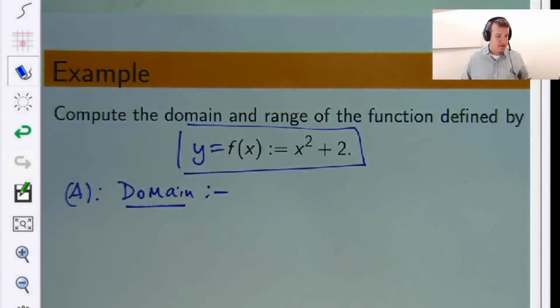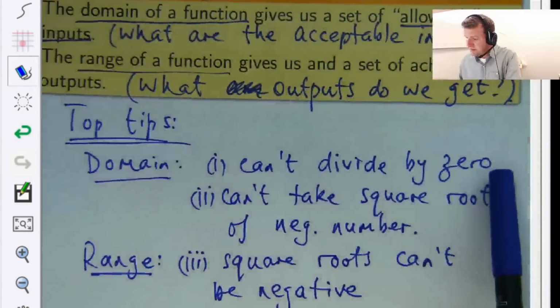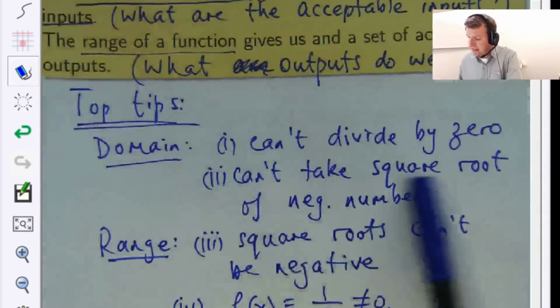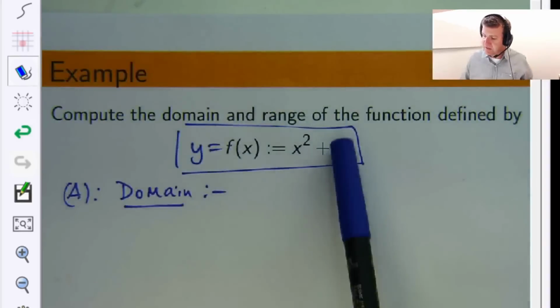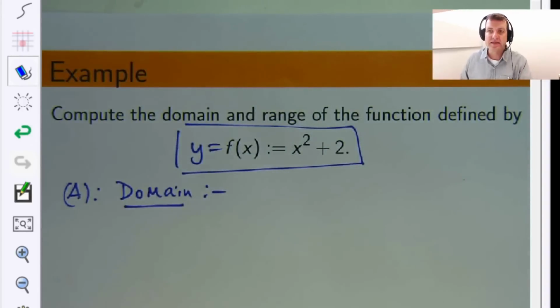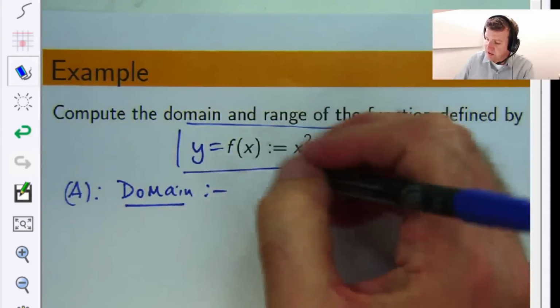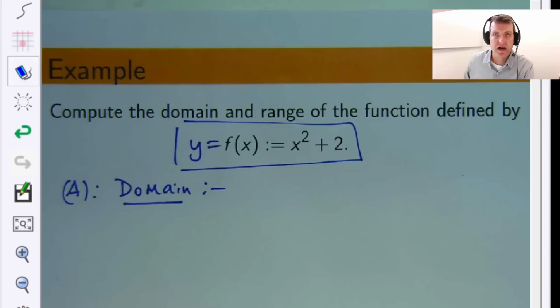All right, so first of our top tips, can't divide by 0. Is there any division going on here? No. Can't take the square root of a negative number. Any square roots? No. So essentially, I can put any real number into this function, any real value of x, and nothing will break. I square it, I add 2, and I get an output.